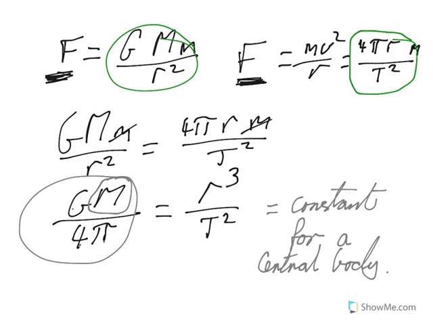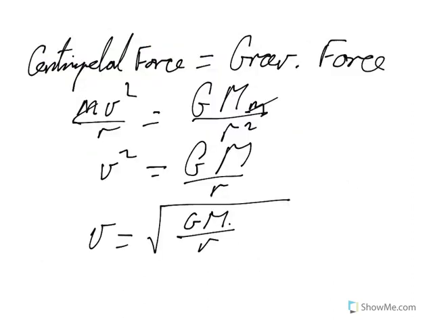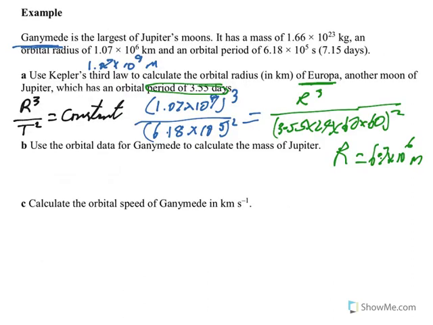Alright, so we can use this, big G, big M on 4 pi equals R cubed on T squared. So, big G, big M on 4 pi equals R cubed on T squared.